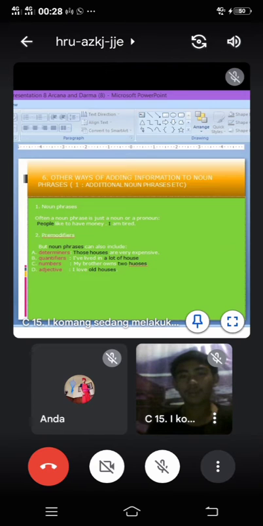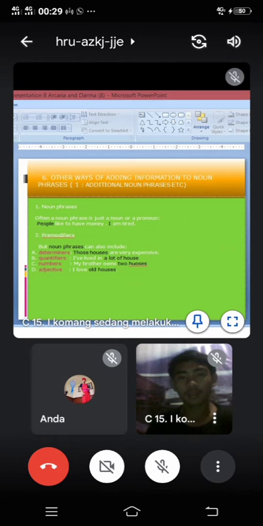Other ways of adding information to a noun phrase. Often a noun phrase is just a noun or pronoun. People, I like to have money. I'm tired. People is a noun and I is a pronoun. Pre-modifiers: a noun phrase can also include determiners.